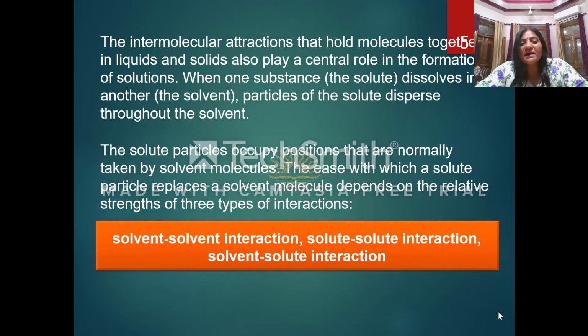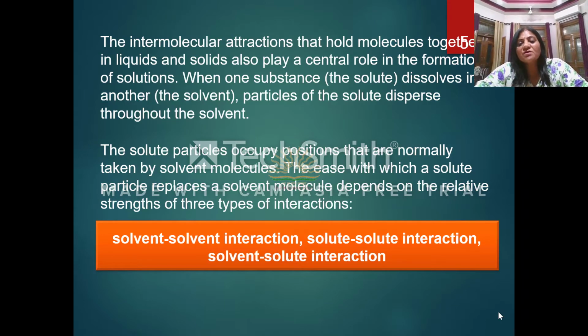The intermolecular attractions that hold molecules together in liquids and solids also play a central role in the formation of solutions. As I had already discussed, when the solute molecules are attracted towards the solvent molecules, then only is there the possibility that the solution can be formed.